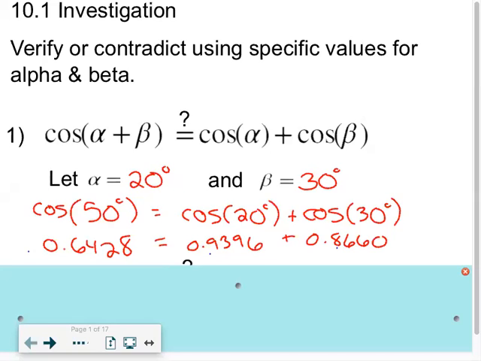Cosine of 20 is 0.9396 approximately, and cosine 30 is 0.8660 approximately. You can clearly see when you add the values on the right, you're going to have a value larger than 1, which is not equal to the value on the left. So basically this is saying that the statement above is not true, right?